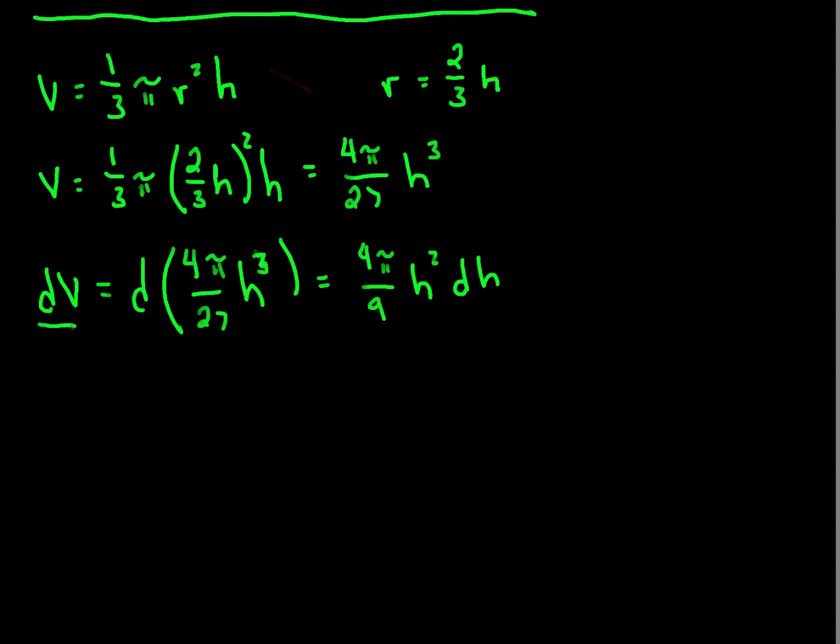Dividing by dt, we get dV/dt is equal to 4 pi over 9 h squared dh/dt. Solving for dh/dt and knowing that dV/dt is equal to 1/2, I'll do it this way: 1/2 is equal to 4 pi h squared, all divided by 9, times dh/dt.